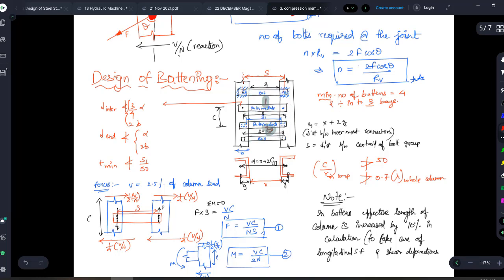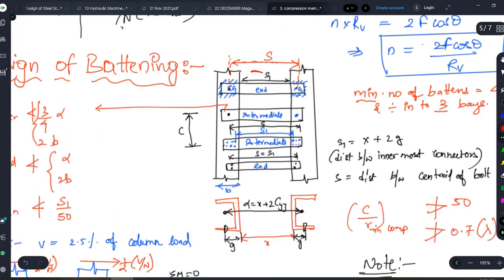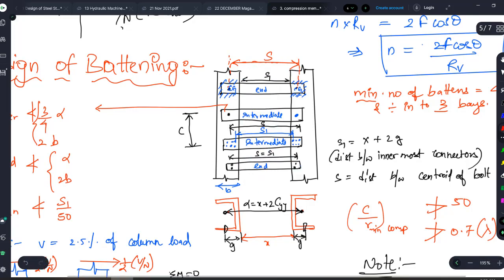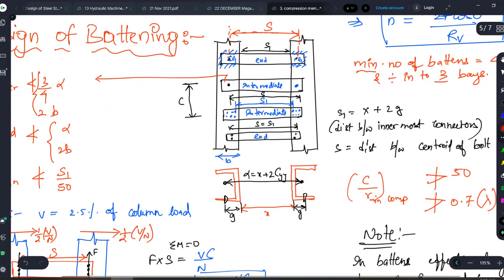So obviously the end ones are called end battens, and whatever is in between we call intermediate battens. Okay, so there are certain IS code specifications given for your battens, and you have to remember this, very important. Before going into that, let me introduce some terms. The first term is alpha. What is this alpha? Alpha is nothing but the distance between my columns. Let us say this is a C section.